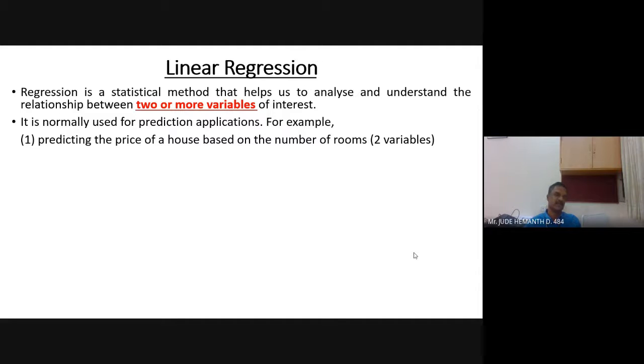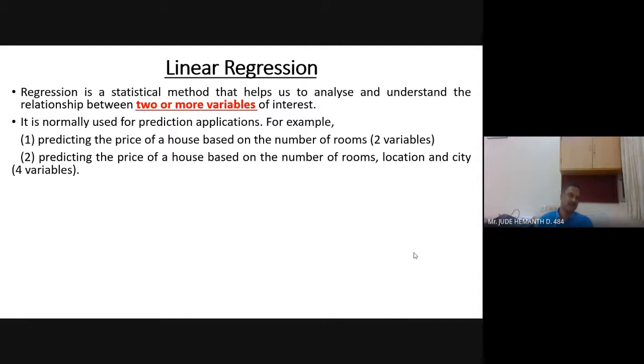And remember, in regression, we are not going to have any classification like this or this. We are going to have a numerical value as the answer. The price of the house may be 12 lakhs, 13 lakhs, 20 lakhs, or whatever it may be. But that is determined based on one variable. So one variable on one side and one variable on the other side. So we say that this is a two variable application.